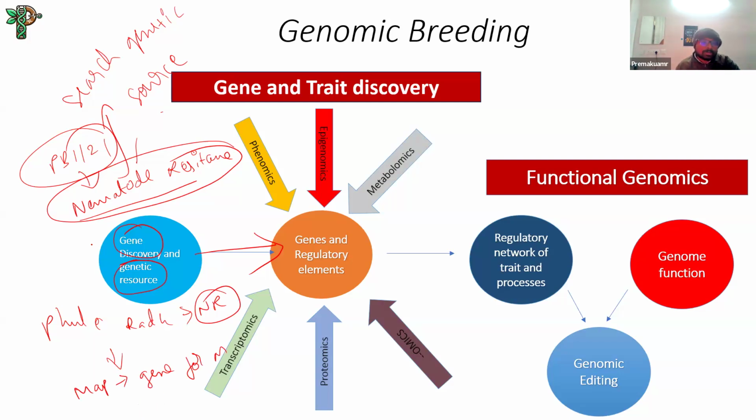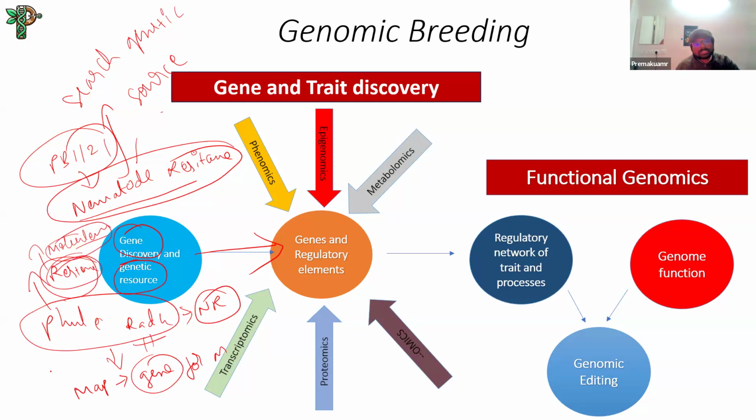After the mapping, you discover the gene, and it is present on a particular chromosome. Then you have to know why this particular variety is resistant. You need to understand the molecular mechanism of this resistant variety, why it is showing resistance, and how to study it.